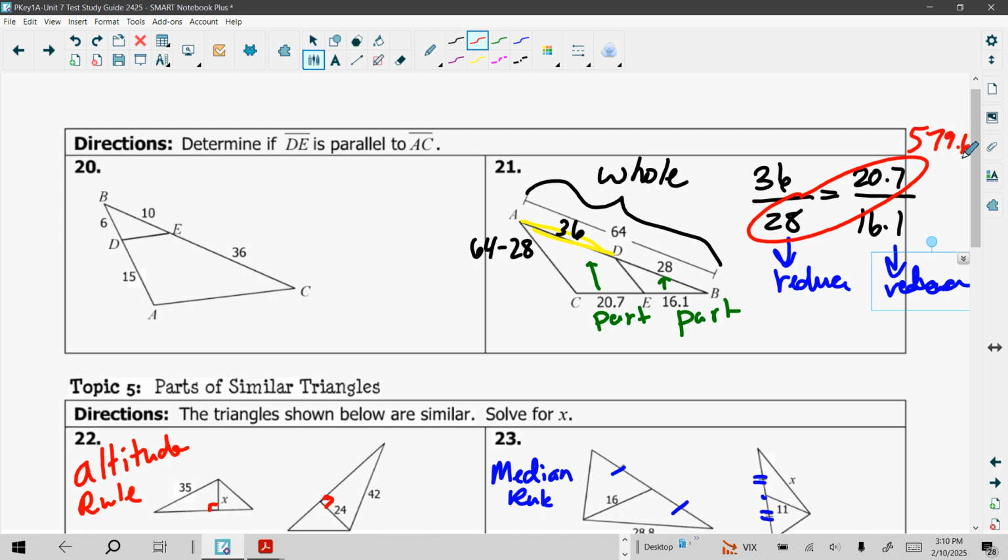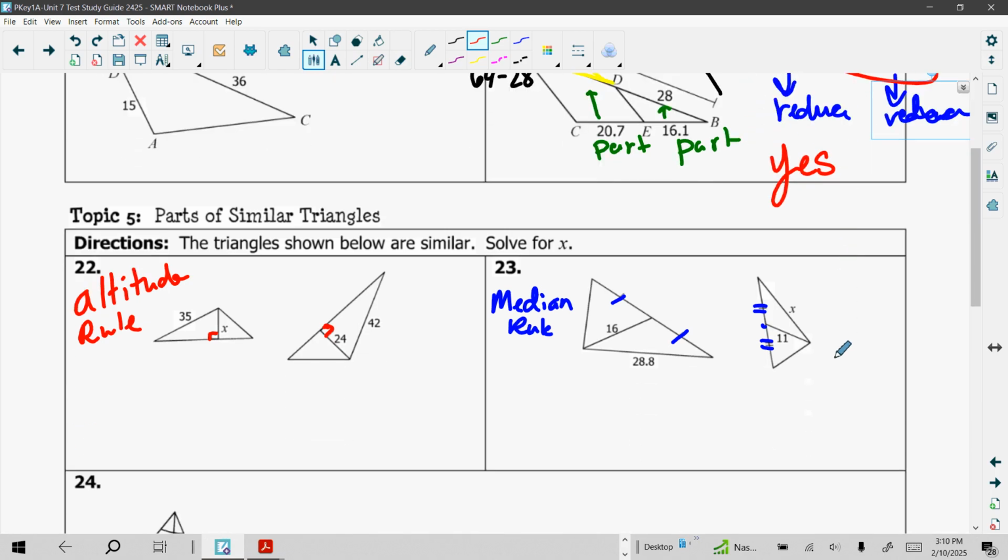And then the 36 times the 16.1. And this would have gave us the same number. Since we have the same ratio, which reduced to the 0.7, since they were the same ratio or the same cross products, this would be a yes. Okay.